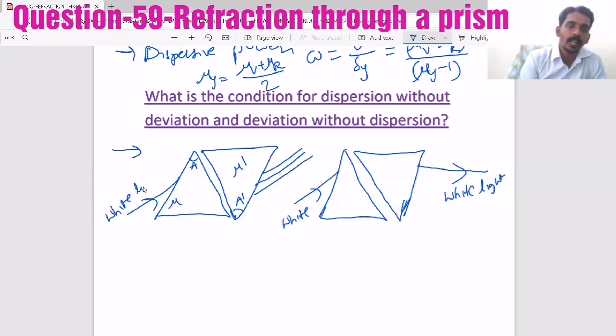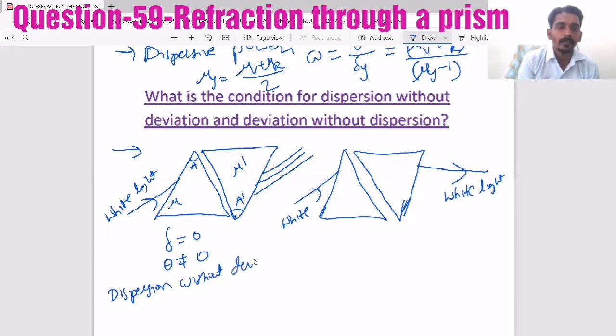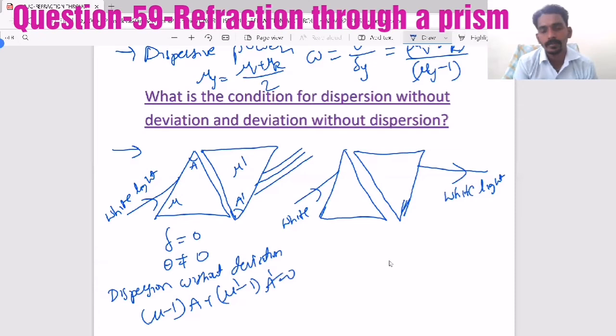The splitting of white light into its constituent colors we call dispersion. In the first case dispersion is there but deviation is zero. Here deviation is 0 but dispersion is not 0. For deviation without dispersion, there is no separation of colors. For dispersion without deviation, the deviation produced by the first one plus the deviation produced by the second one should be equal to 0.